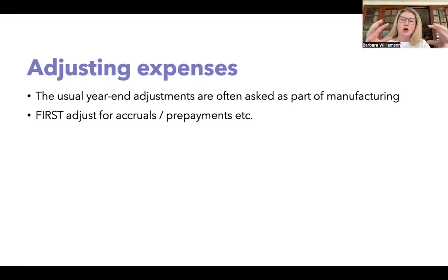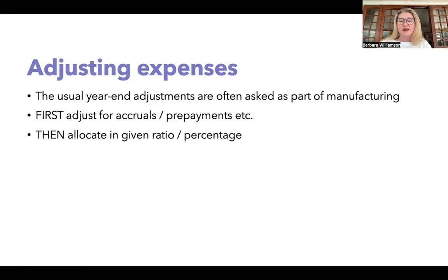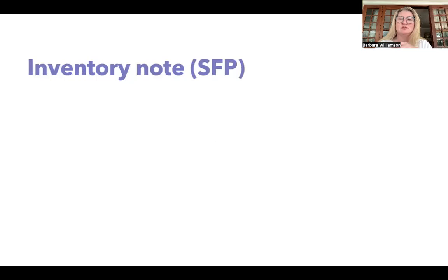You'd then get the total amount for rent. And only once you've got the total amount for all the rent, then you go and you allocate it. I know it's very easy to think you only need to split up the amount that you paid, but it's obviously not. You want to take the entire expense for the entire year. So that's how you do the adjusting of the expenses.